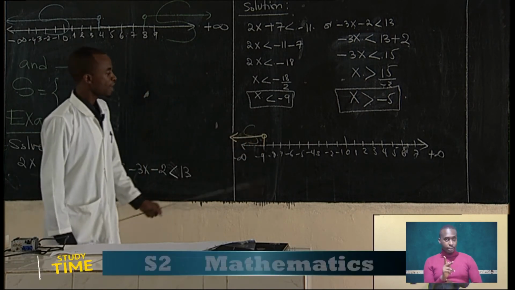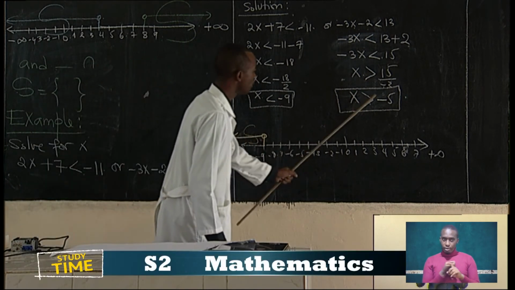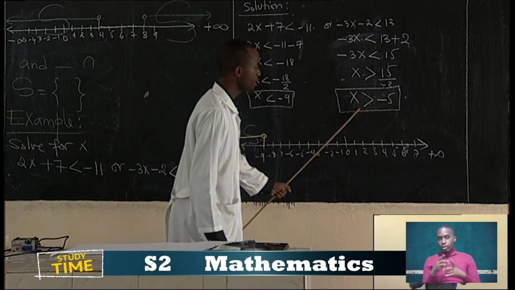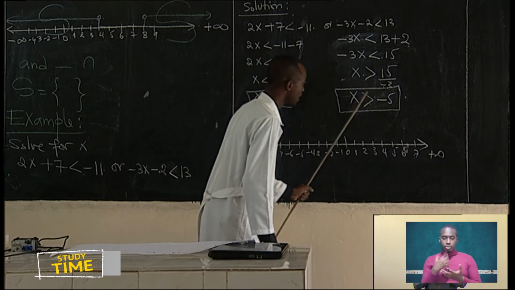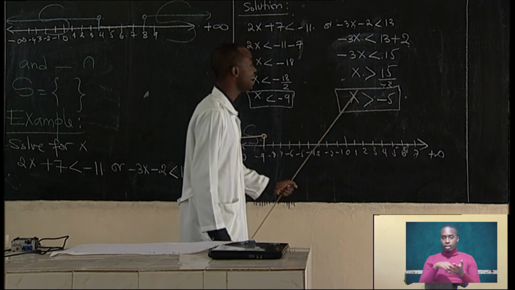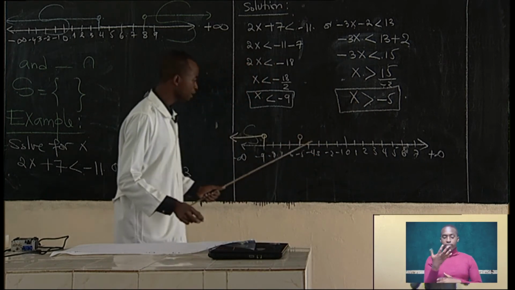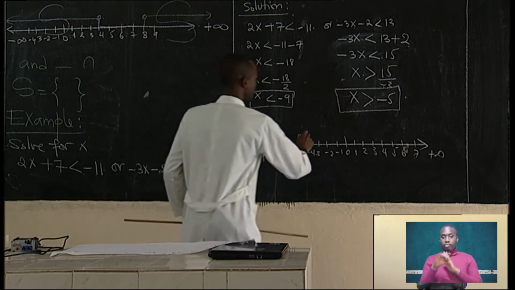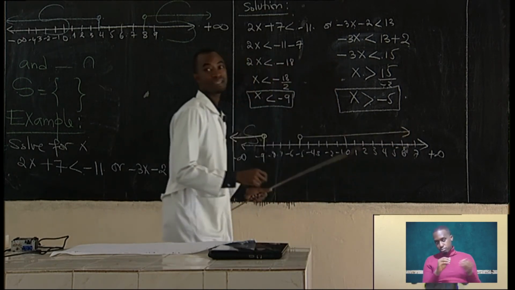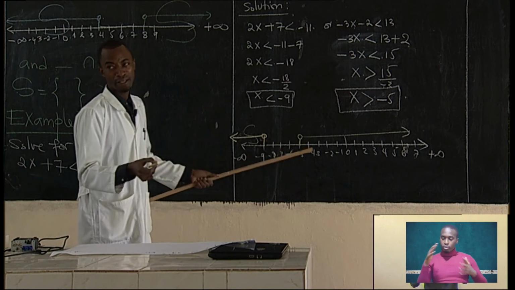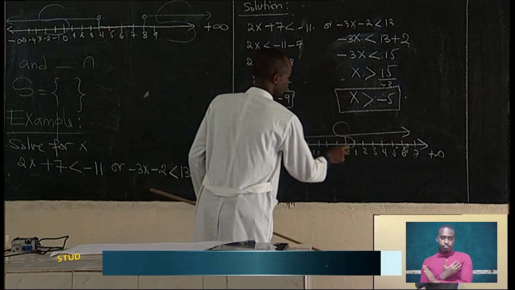Okay? Now, from x, as we have it here, x stands for any value that is greater than negative 5. We have negative 5 here. When you have negative 5 here, all these values are going. All these are the values which are greater than negative 5. Here we have solution.